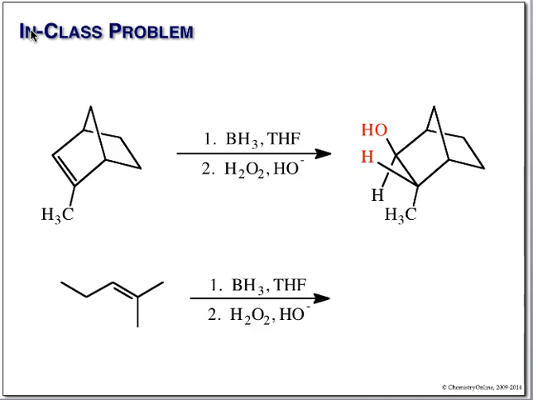Now this is actually the favored product. You could have drawn it with the hydroxyl group facing down, but that's not favored. Using your vast intuition of organic chemistry, why not? It's a steric thing, it's a size thing.